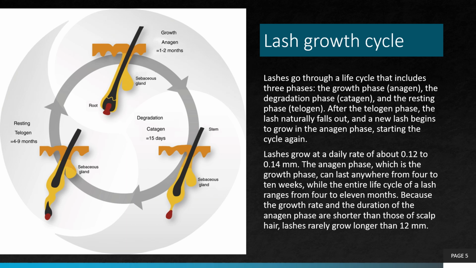However, unlike the hair on our scalp, lashes rarely grow longer than 12 millimeters. This is because the growth rate and the duration of the anagen phase for lashes are generally shorter compared to scalp hair. So even though lashes do go through a similar life cycle as other hair on our body, their unique characteristics result in them being shorter and more delicate.